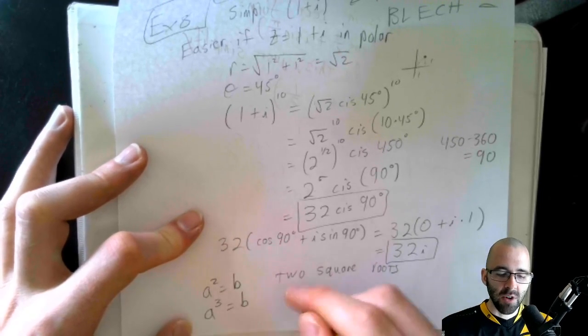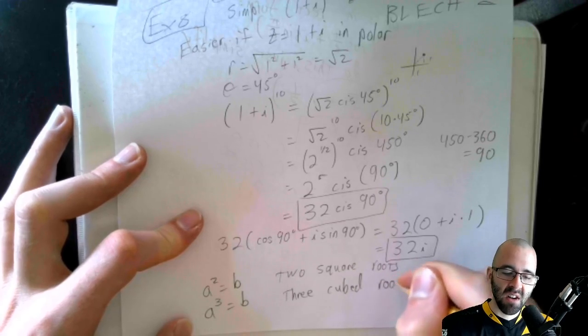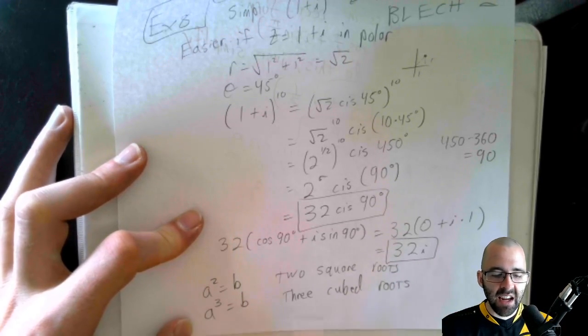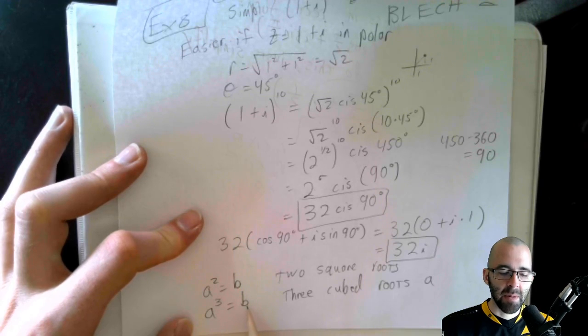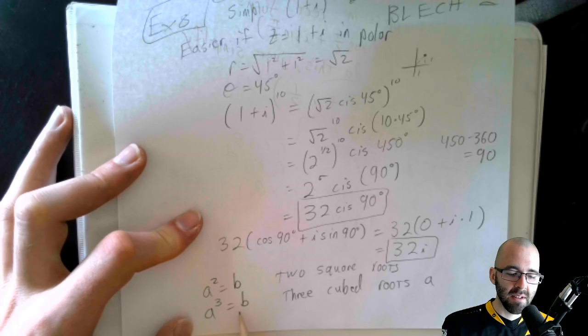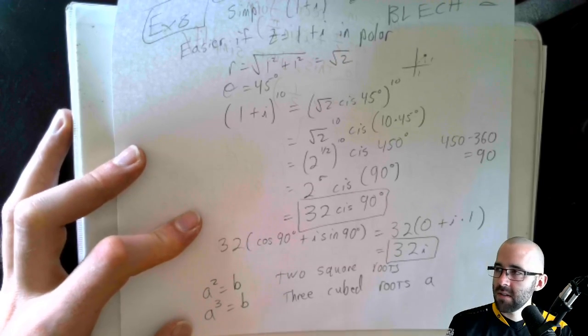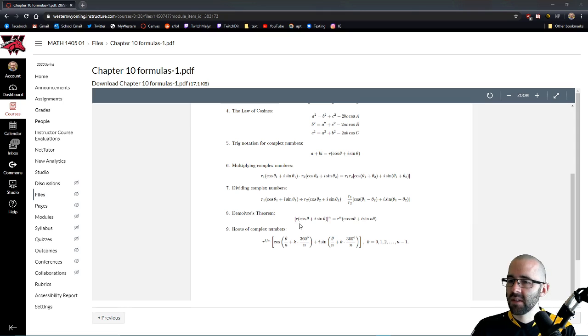But there's also 3 cube roots. There are 3 numbers a such that when you cube them, you get any number b. And sometimes they're complex. We're going to talk about how to find them all. And that's what this last thing is about.